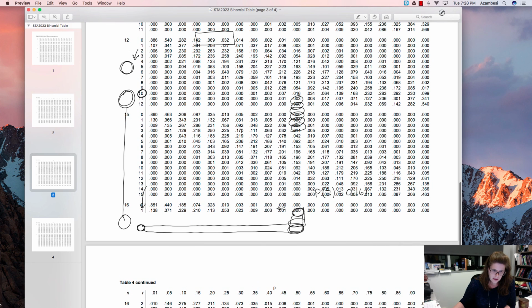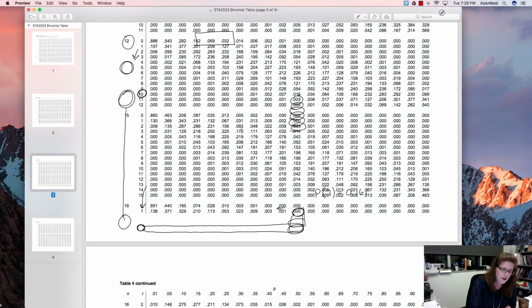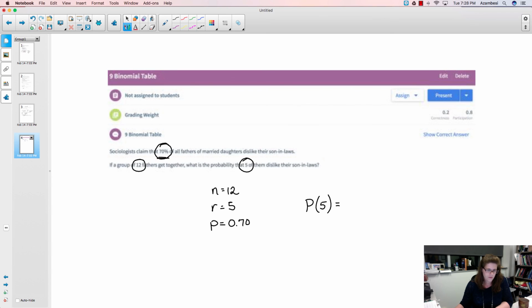So 12, 5, and going across to 0.7, I'm lining it up with the one below, so 0.7 is right here. And if I look at that, I have 0.029. So 0.029 is the probability that I am looking for here, to 3 decimal places.